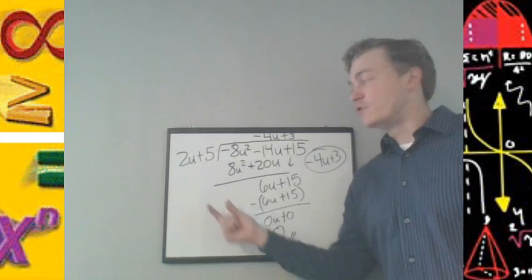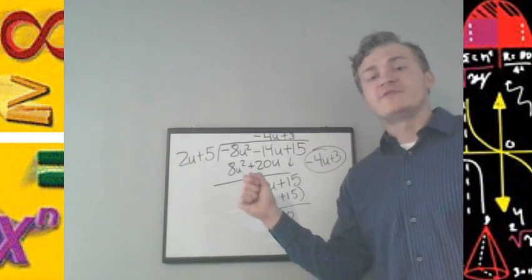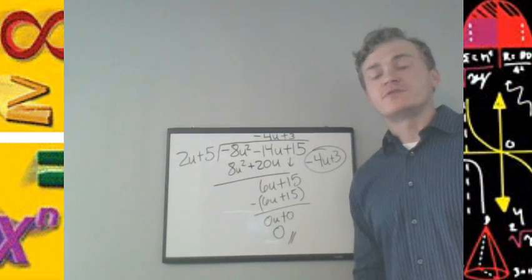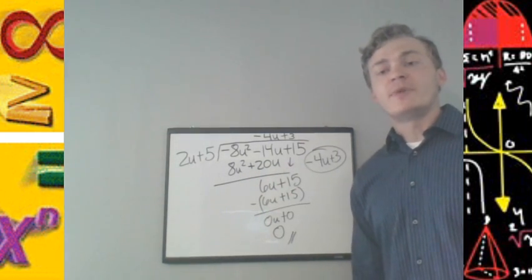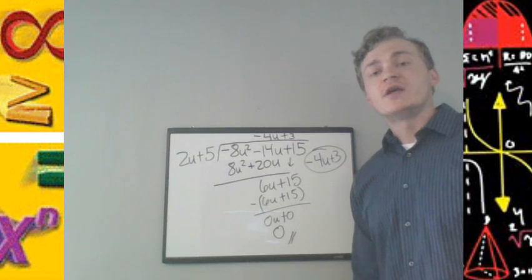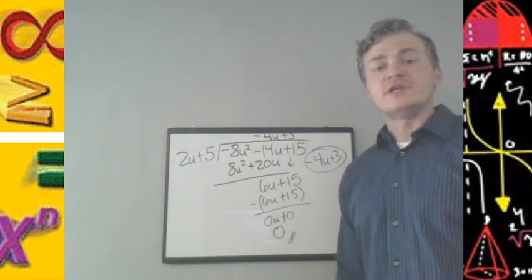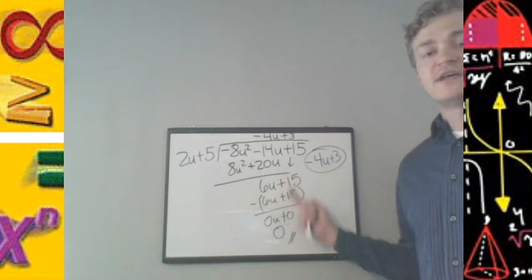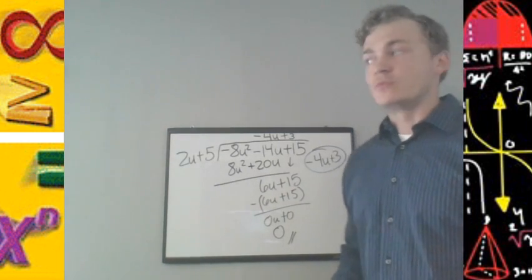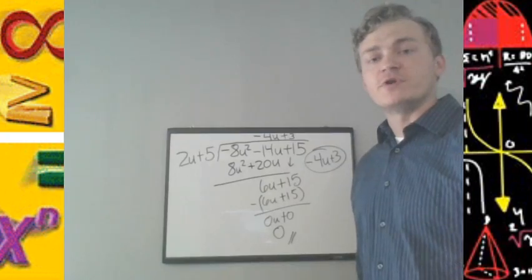That is because if you multiply 2u plus 5 to the minus 4u plus 3 using the FOIL method, combining the like terms of the inner and outer product, you will end up with the trinomial minus 8u squared minus 14u plus 15. So that verifies that we have our correct quotient here, the minus 4u plus 3.